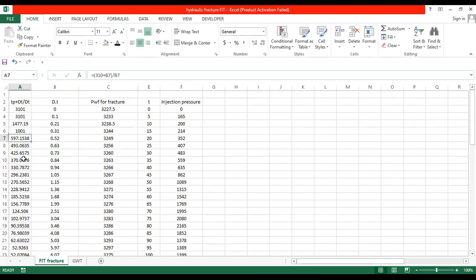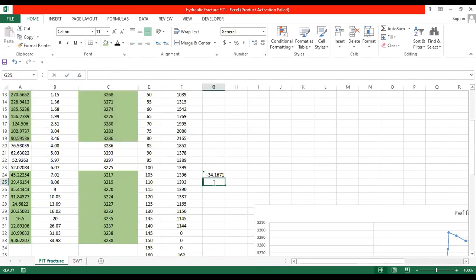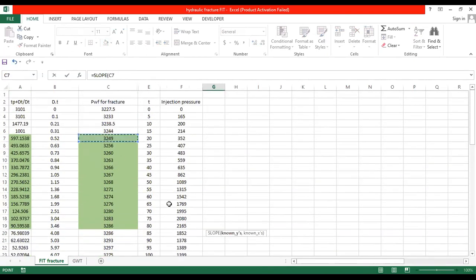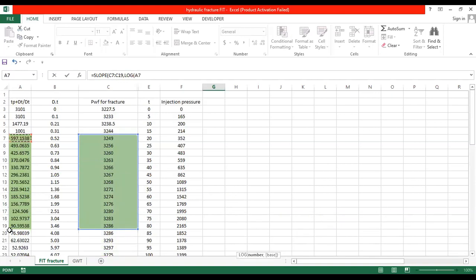So these are the points we are going to estimate the slope for. Slope, known y-axis, so that is this, comma, and we are going to use log for the x-axis. These are the points for that.